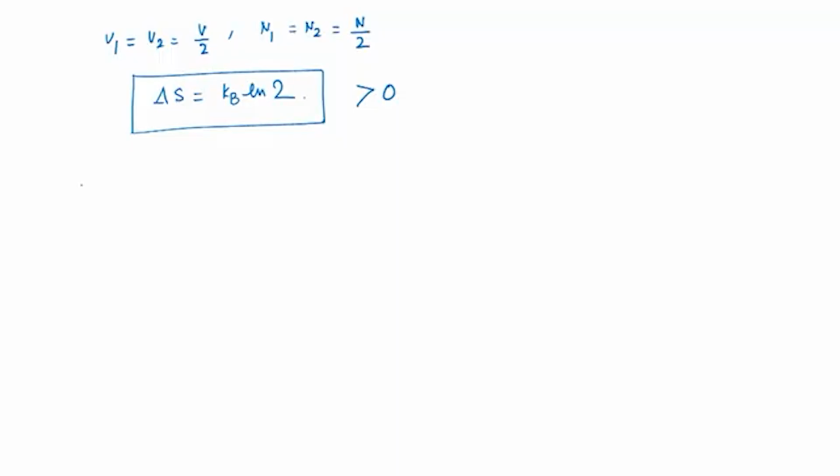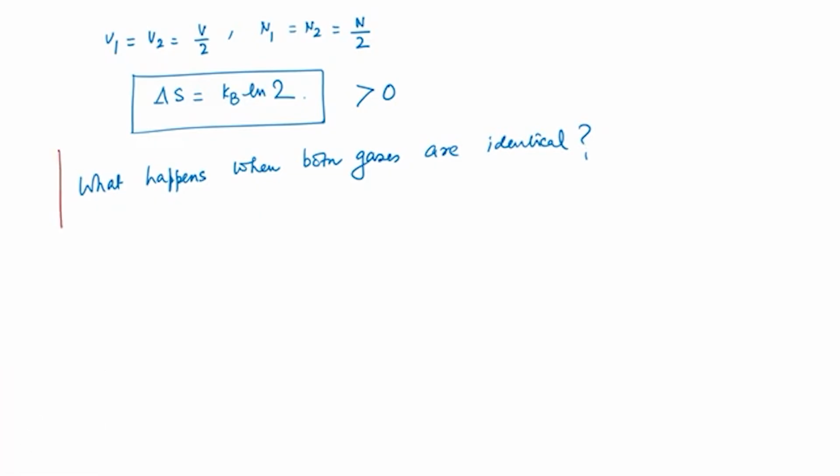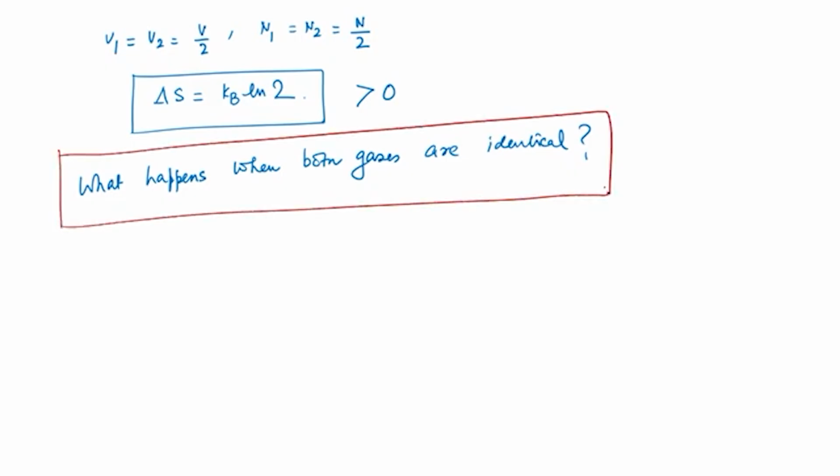But now that makes you ask a question: what happens when both the gases are identical? Let me box it, because if both gases are identical, then there should be no change in entropy.